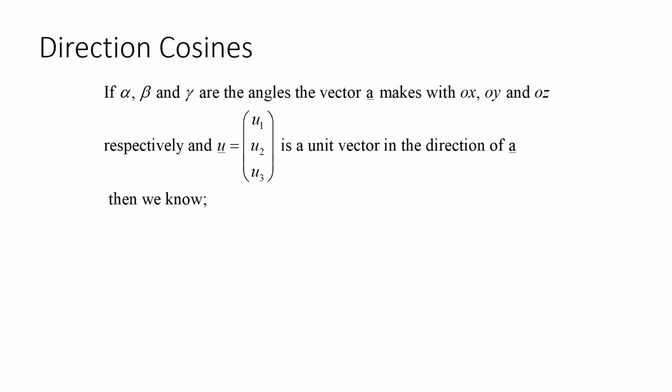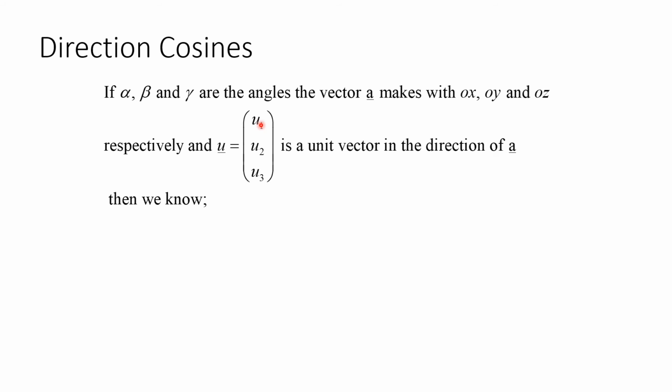Now we will look at how to calculate the direction cosines. By definition, say for example, alpha, beta, and gamma are the angles a vector A makes from the origin O with the x-axis, y-axis, and z-axis respectively.